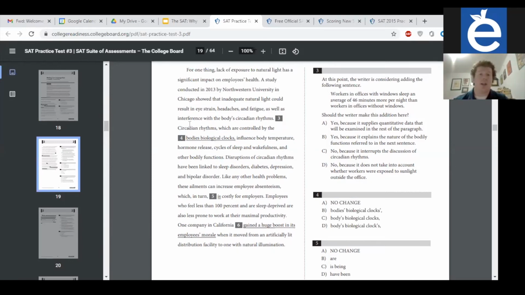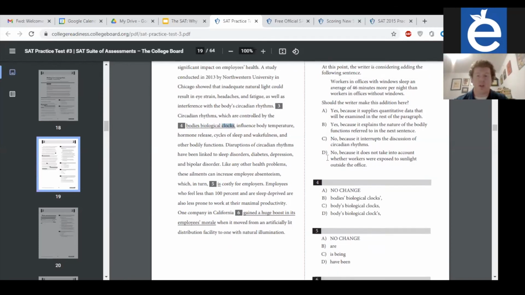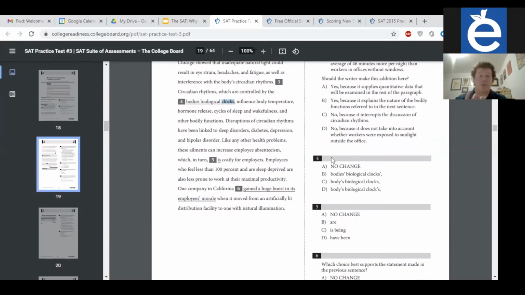So looking at our statement, circadian rhythms, they are controlled by the body's biological clocks. So we've got bodies, which is not possessive, biological clocks, which is also not possessive. Biological clocks, our item, belongs to bodies. It's the body's biological clock. So bodies should be possessive.